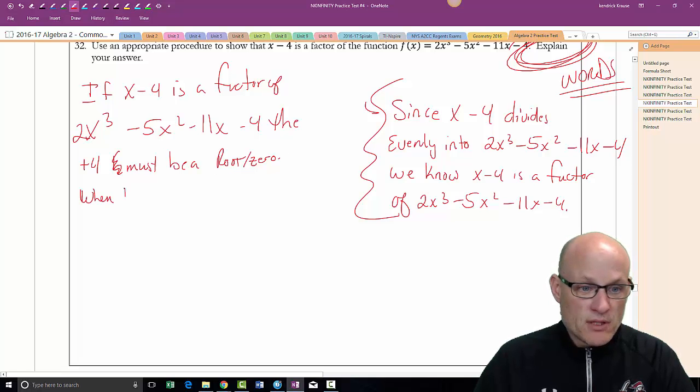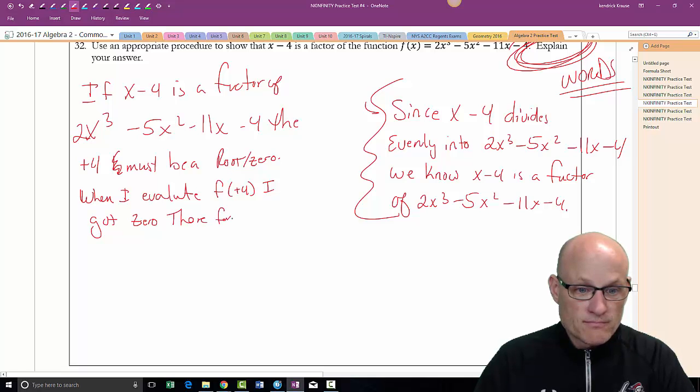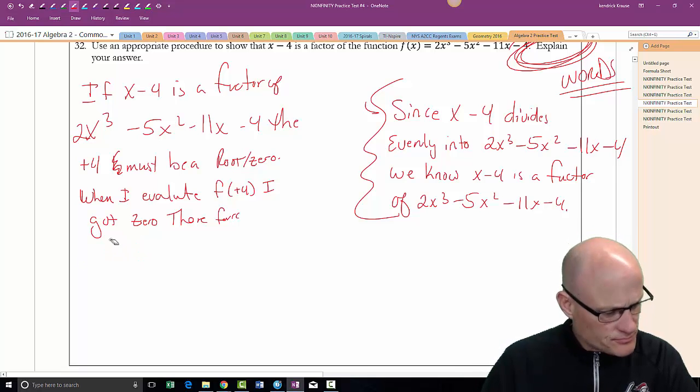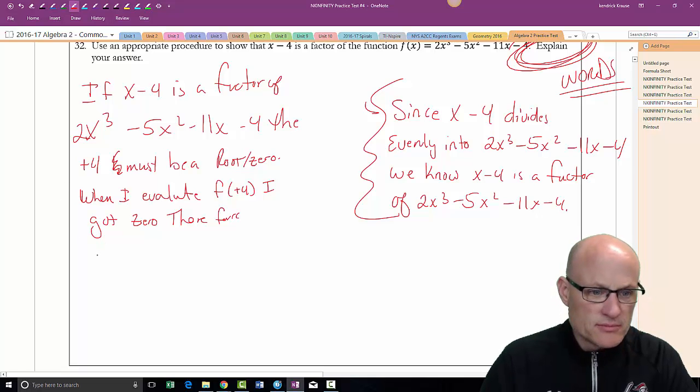When I evaluate f of positive 4, I got 0. Therefore, x minus 4 is a factor.